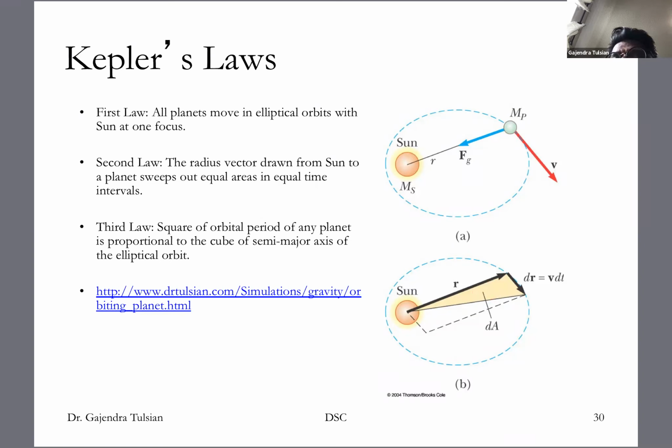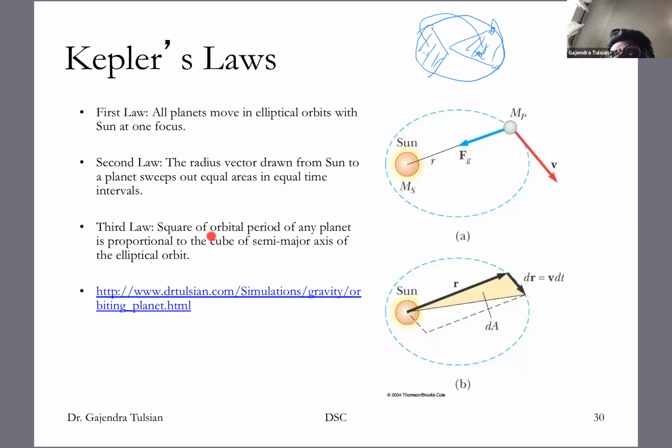What Mr. Kepler is saying is the following: if a planet covered this distance in 1 month, so it swept out this area, then in some later month, the area swept out will be equal to this area. So areas swept out in equal time intervals are equal. And that's what Mr. Kepler found.